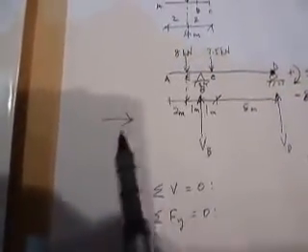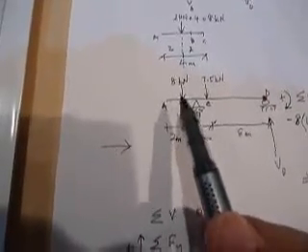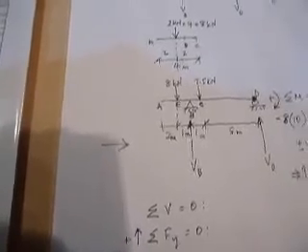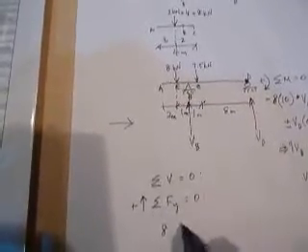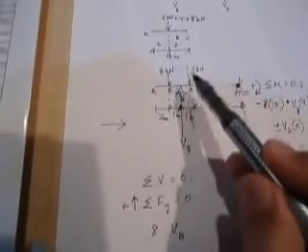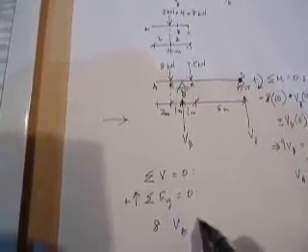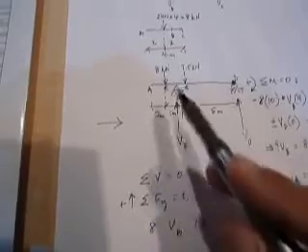Alright, so starting again from the left to the right, the first force that we see is 8 kilonewton going down, so we'll just write there 8. And then we have VB going up, so VB we write there. Then the next one is 7.5 kilonewton going down, so we just write 7.5 kilonewton there. And please bear in mind that we just write down the force, we don't multiply by any distance.